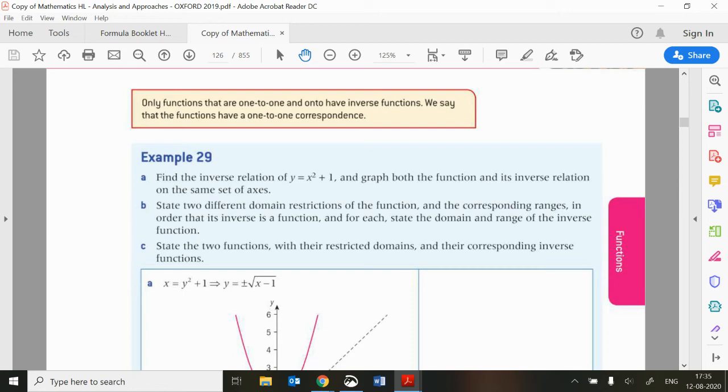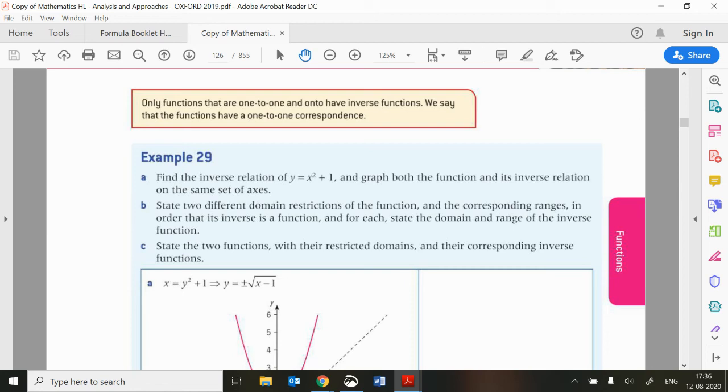Remember, one-to-one means that for every number we put in, there is a unique answer coming out. And onto means that everything in the range comes from a number put into the domain. So every number from the range has been mapped using this function.